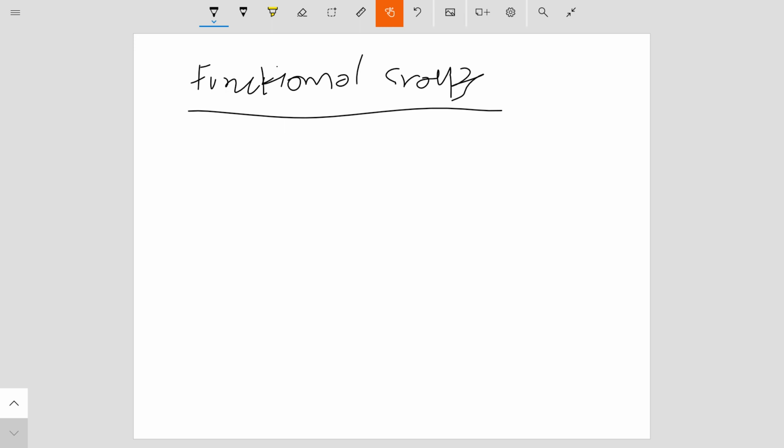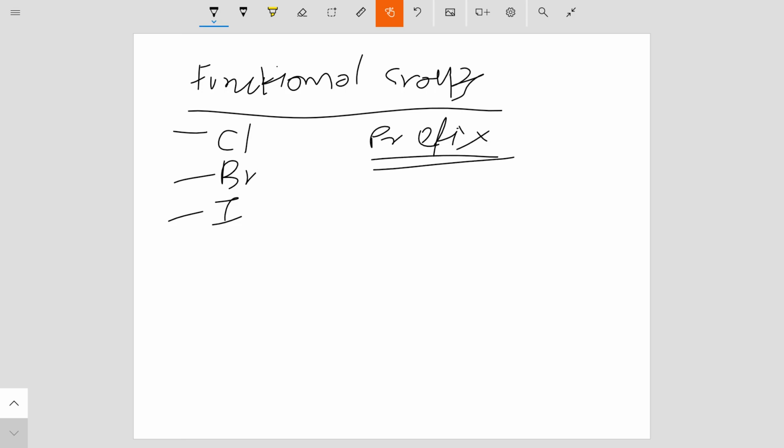We are doing one, the halo group. The halo group is the most important out of all, where we attach chlorine, bromine, iodine. So it has a prefix and no isomerism is possible.